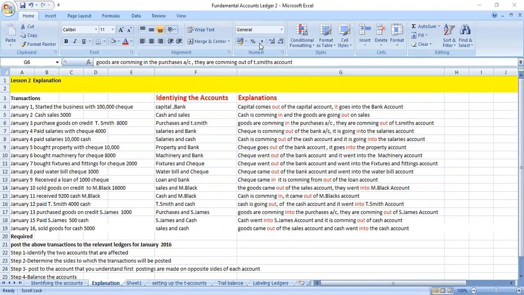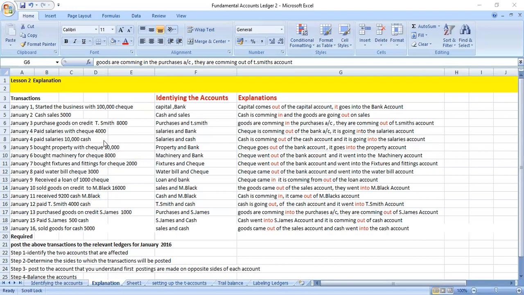We are continuing with our lesson on ledgers and ledger entry. During our last session, we looked at how we could identify our accounts. And today we're going to look at how we explain those entries that we are going to be making using our in and out method.